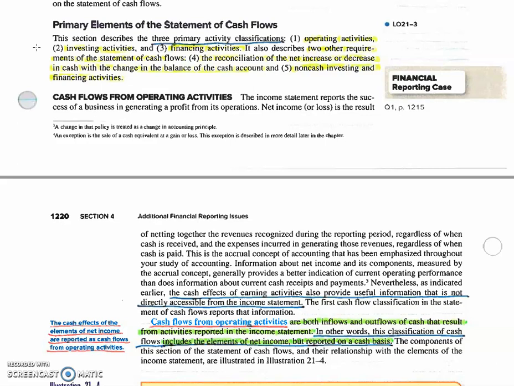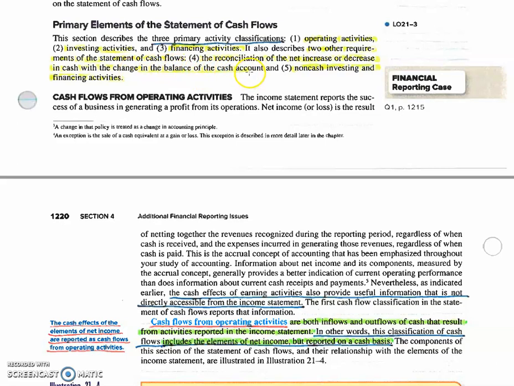Then in the further explanation, they got into the discussion that operating activities generally involve transactions that are part of determining net income from operations. Okay, then the fourth point they make here, even though they talk about the three primary activities, is the reconciliation of net increase or decrease in cash with the change in the balance of the cash account.